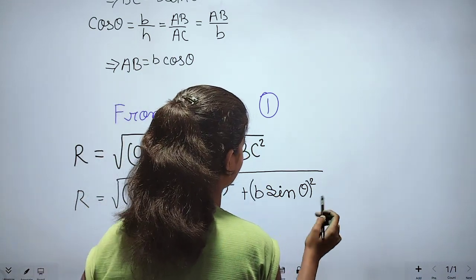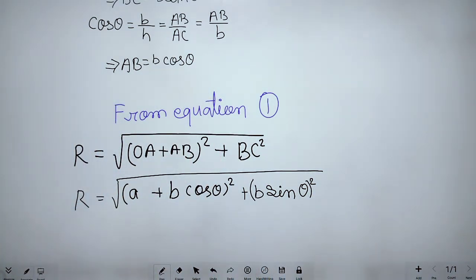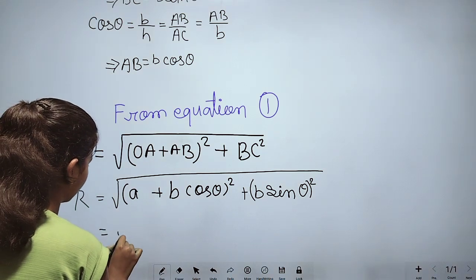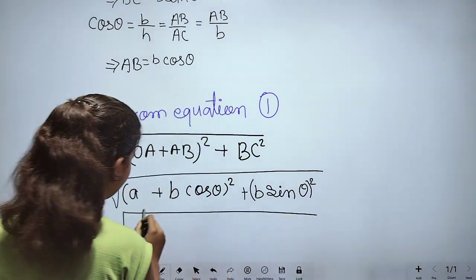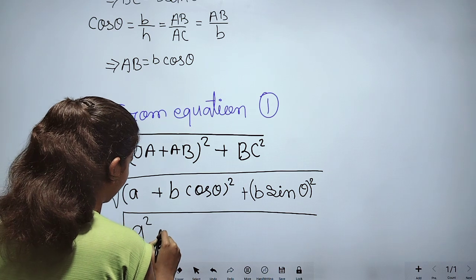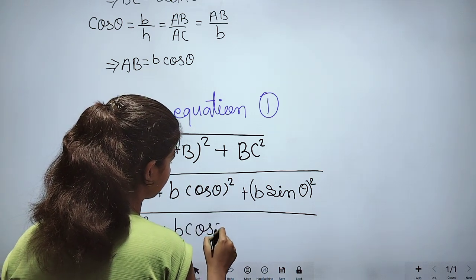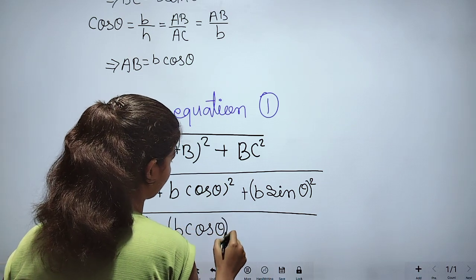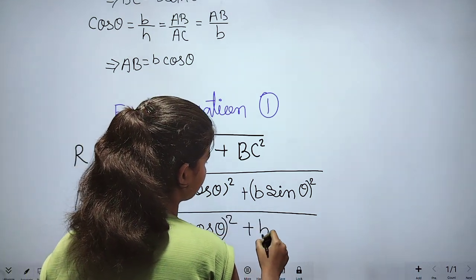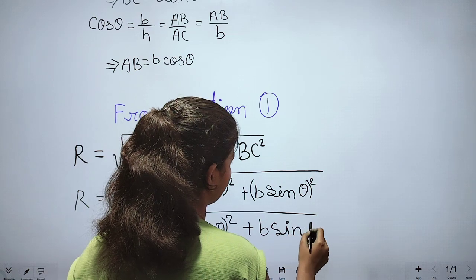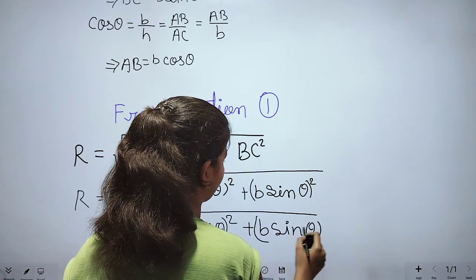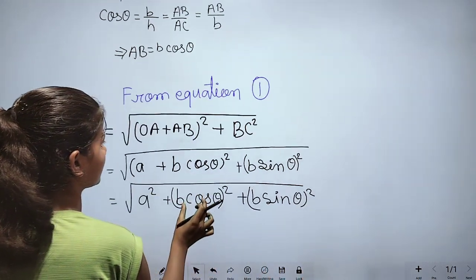Now let's solve for the root under A square plus B cos theta square plus B sin theta square.